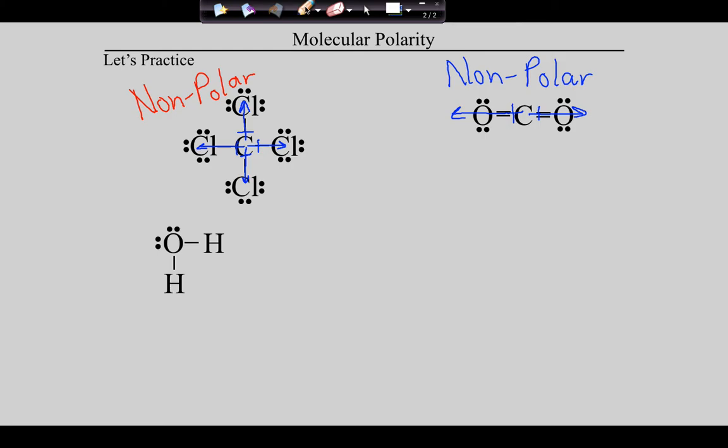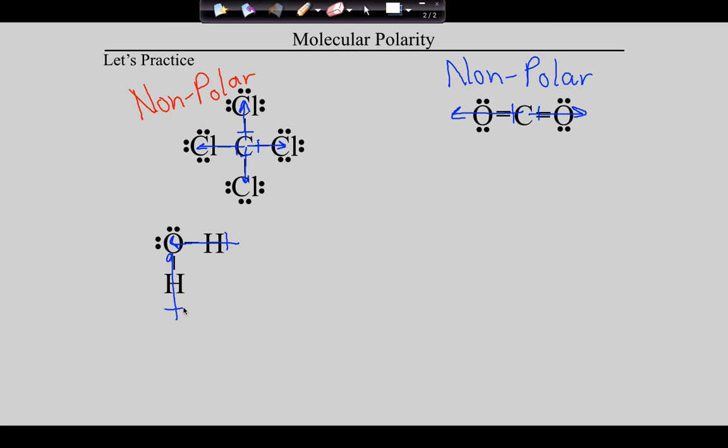So guys, if you need to look up the electronegativities, you can, but oxygen is 3.44 and hydrogen is 2.2. And so this is what your drawing looks like. Draw in the arrows. Do the arrows point towards the oxygen or the hydrogen? The oxygen, because it's higher electronegativity. So this arrow goes like this, and this arrow goes like this.